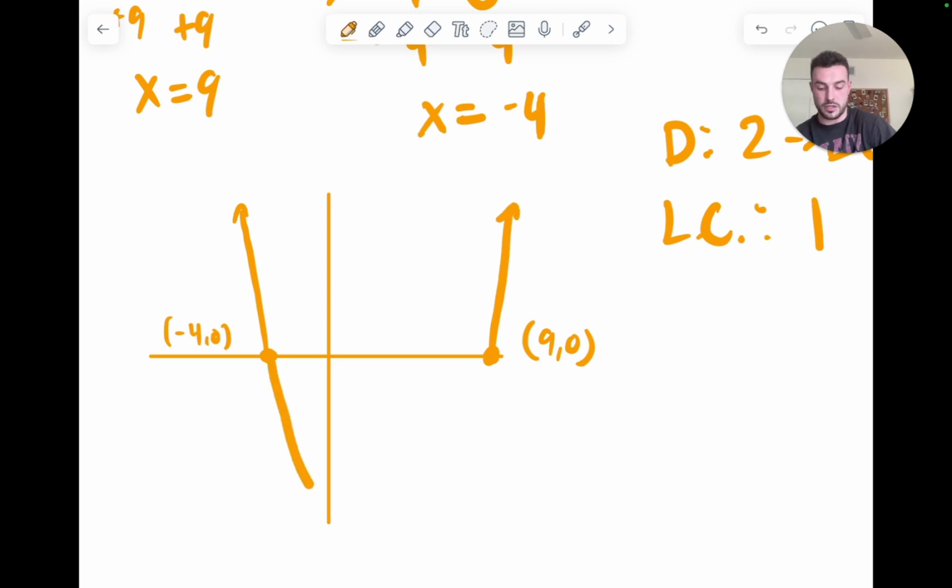That means our quadratic is going to be shaped something like this, and this is a sketch of our polynomial function. Eventually we'll add more details, like finding our vertex down here and our y-intercept, but this is just a rough sketch, and this is what we're going to start with.